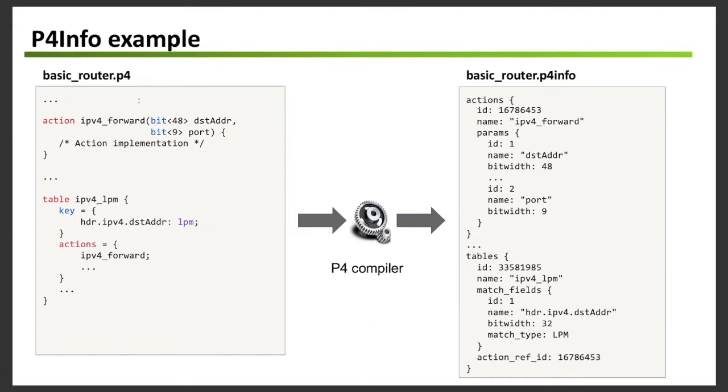And then same thing for an action. What are the action parameters for my action? Which tables are referencing this action, and so on. You'll notice that everything which is specific to the action implementation, for example, is not relevant to my controller. We assume that the controller knows what the action is doing, and you just need to be able to refer to that action either using a name or an ID.